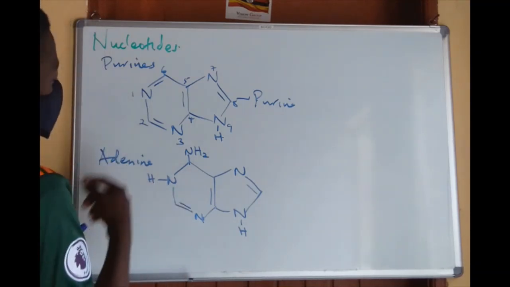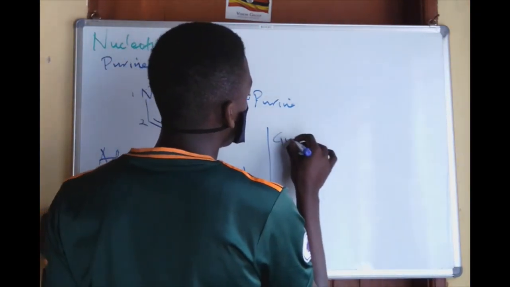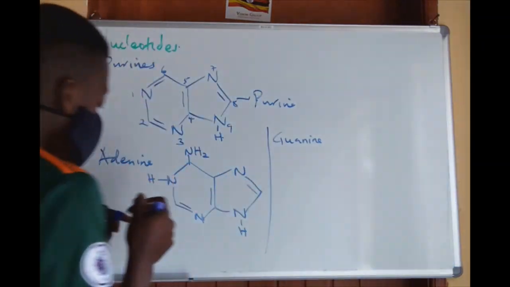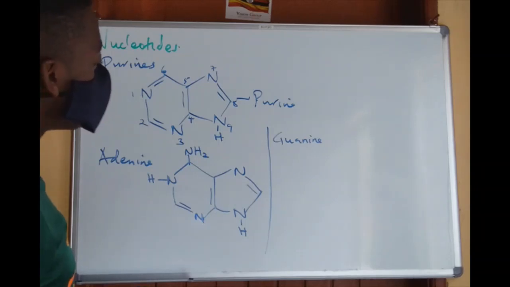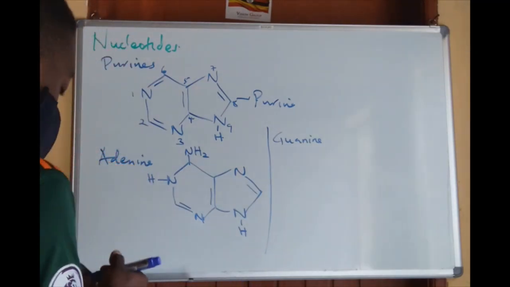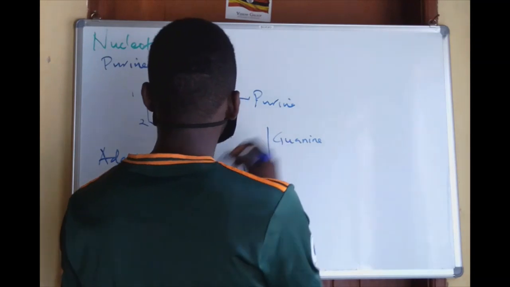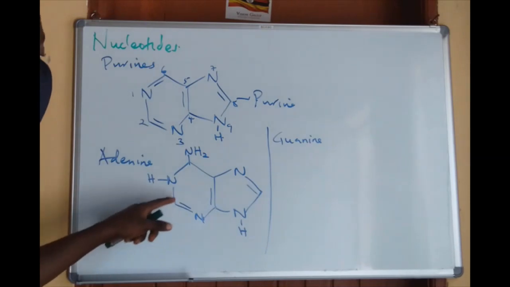Then another example of a purine is called guanine. Let me first draw the structure. So guanine, this is carbon. Here we shall have oxygen, and the amino group will be at carbon 2.